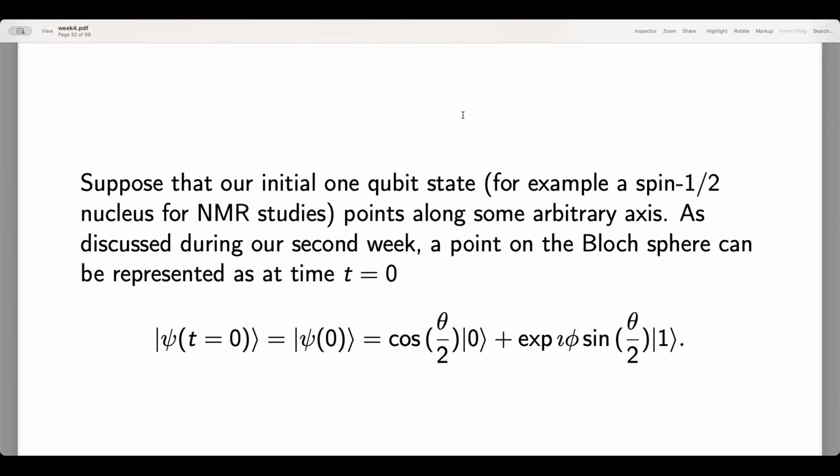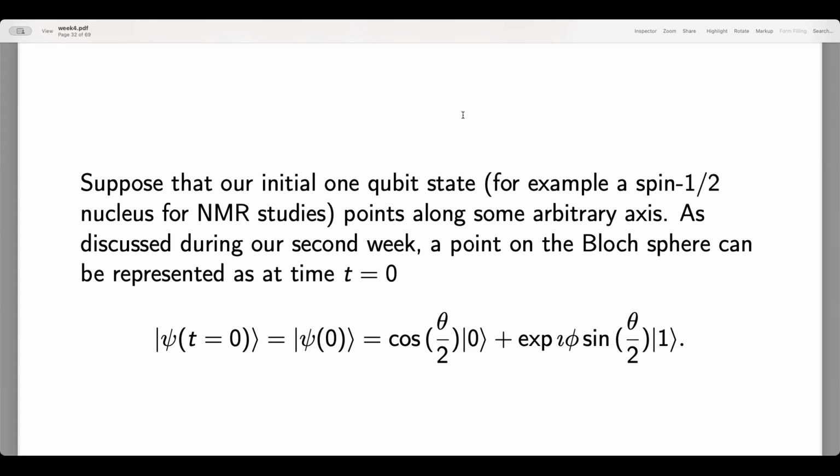If you put the angle theta equal to, let's say, 90 degrees, then you would have either the North Pole or the South Pole. As we said, 1 is meant to represent the South Pole, and 0 is meant to represent the North Pole. So this is just your general state. And this is actually an expression we are going to use when we prepare the system.